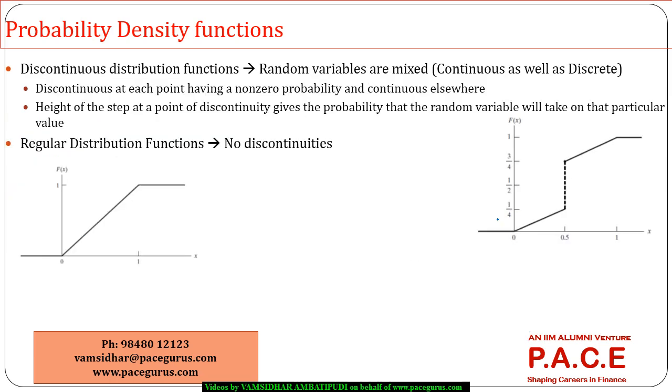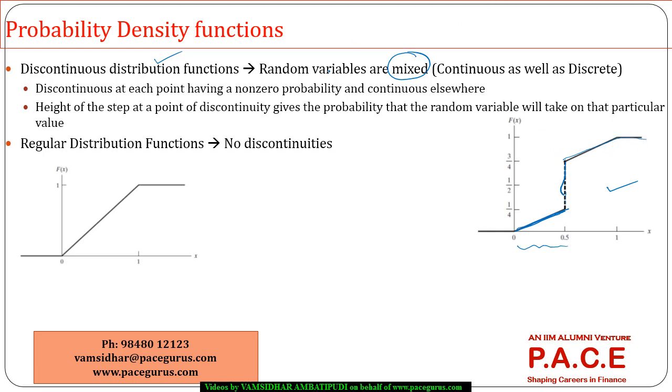Now, when we look at discontinuous distribution functions, the random variables are mixed. If you look at something like this, for x values between 0 and 0.5, it is a smooth increasing function. Suddenly there is a discrete part at 0.5, because it is discontinuous here, and again from 0.5 to 1 onwards it's continuous.